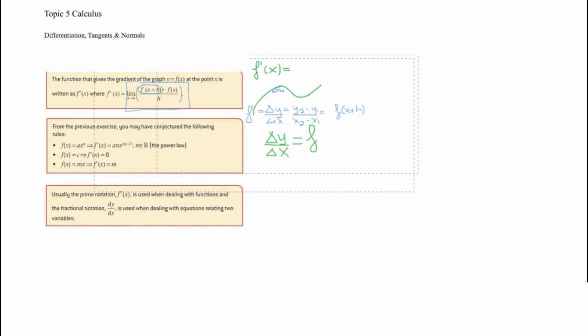Does that make sense? Okay. So this is my y2, and I take minus my y1, which is just f of x. My delta x is x2 minus x1, which is h, because that's the difference between them. Then we take the limit as this distance h approaches 0, and we get the slope exactly. So that's all this big monstrosity means.